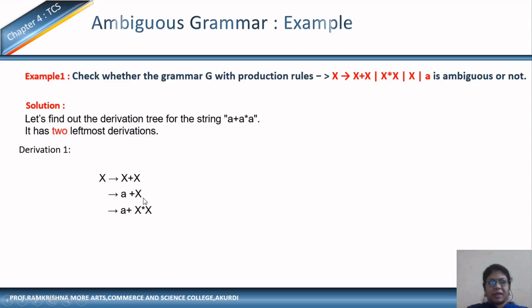We are doing this from the given string; we have to derive a plus a into a. So we have written X into X for this X. Now we derive a for this X, and in the next step we write a for the remaining X. So this is a derivation, and we can draw a derivation tree from this derivation.